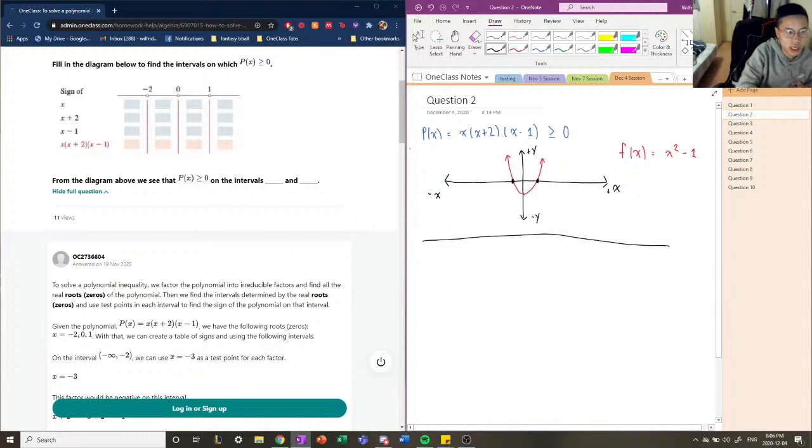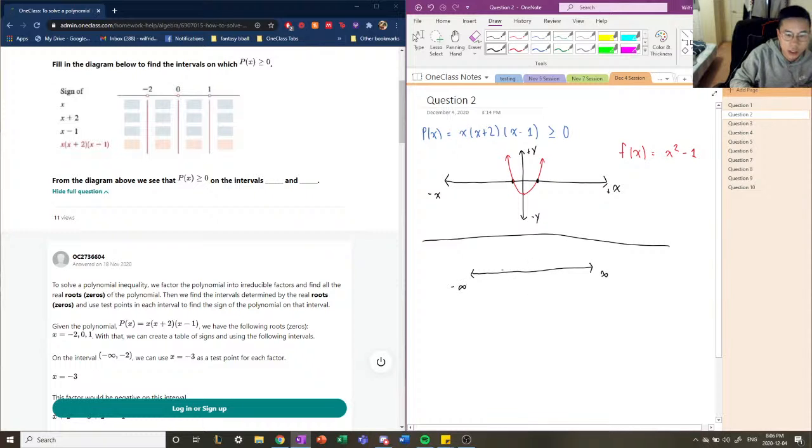And I'm also going to use this diagram that they use. So, given our polynomial p of x equals x times (x plus 2) times (x minus 1), we have 3 zeros here. So I'm going to draw a number line here again. This is infinity, and this is negative infinity.